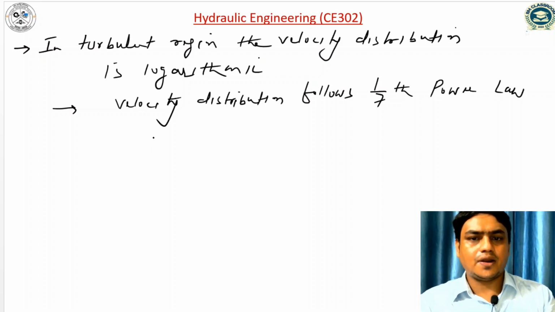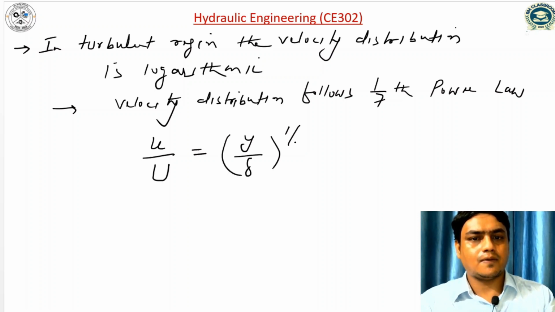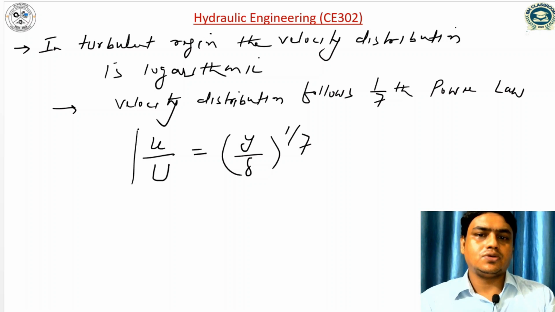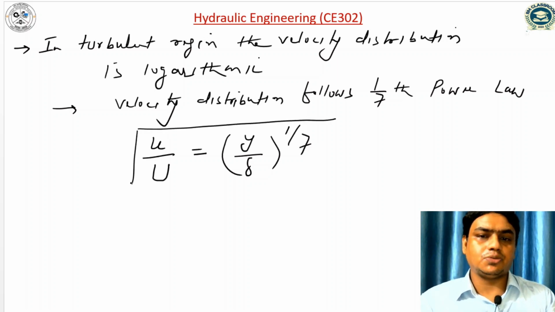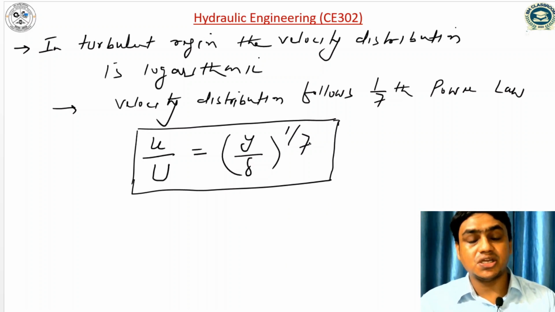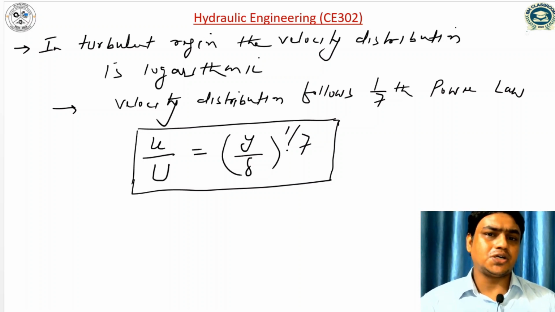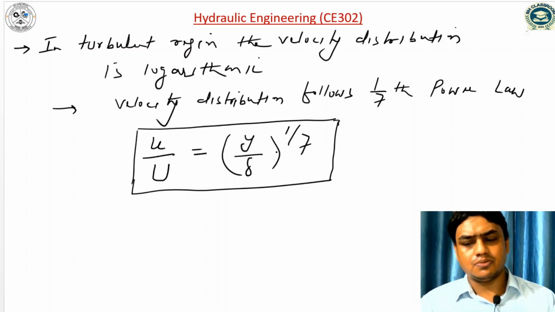If I write the velocity distribution, it is u by U is equal to y by delta to the power 1 by 7. With the help of this velocity distribution, we can identify which type of flow is there. If the velocity distribution is parabolic, there is a laminar flow, and if it is either logarithmic or follows the 1 by 7th power law, our flow is turbulent.